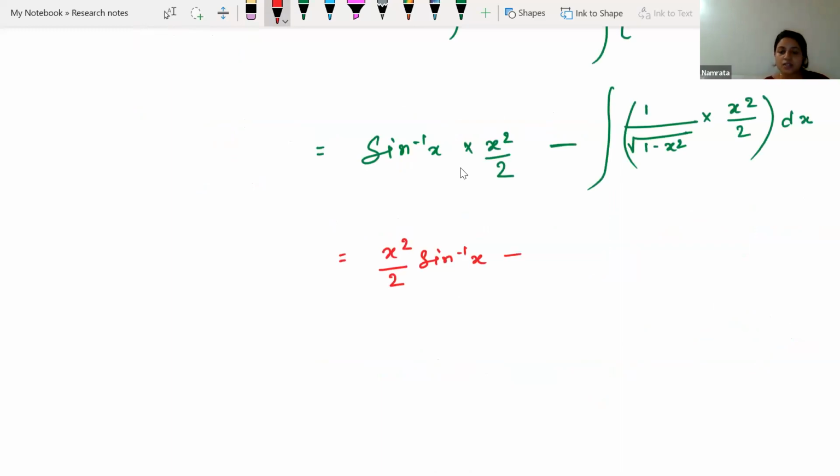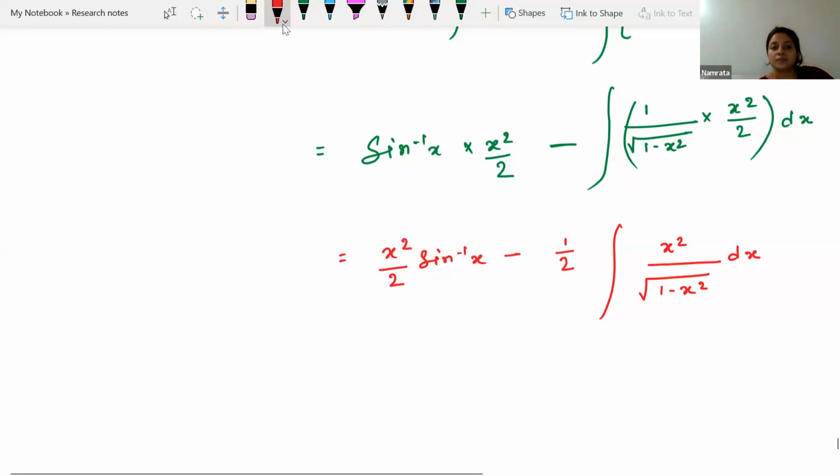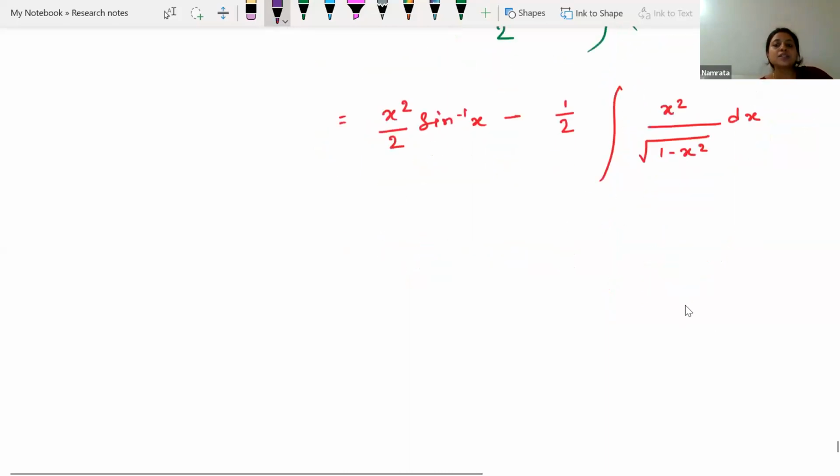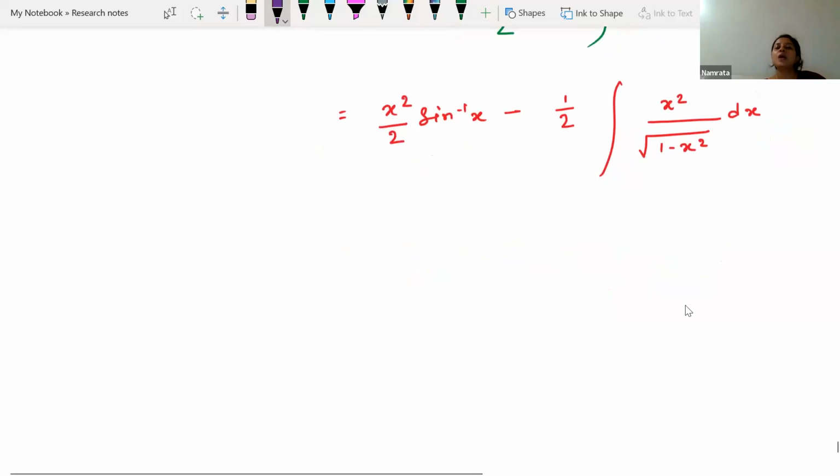Now the next one is, we are having 1 by 2. If I take it out, we are having integration of x square by under root 1 minus x square dx. Now this looks like something where we have to do an arrangement. Let's see if any arrangement will work over here or not. In the denominator, as I can see, under root 1 minus x square. In the numerator also, I am trying to make 1 minus x square.